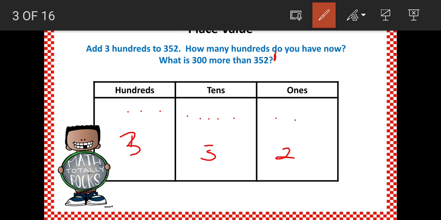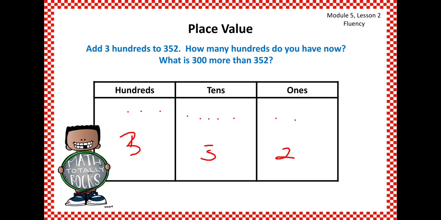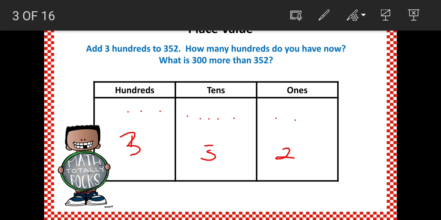Let's remove this number. Alright, add 300 to 352. How many hundreds do you have now? What is 300 more than 352? So if we are to add 300 to 352, let's add it now.